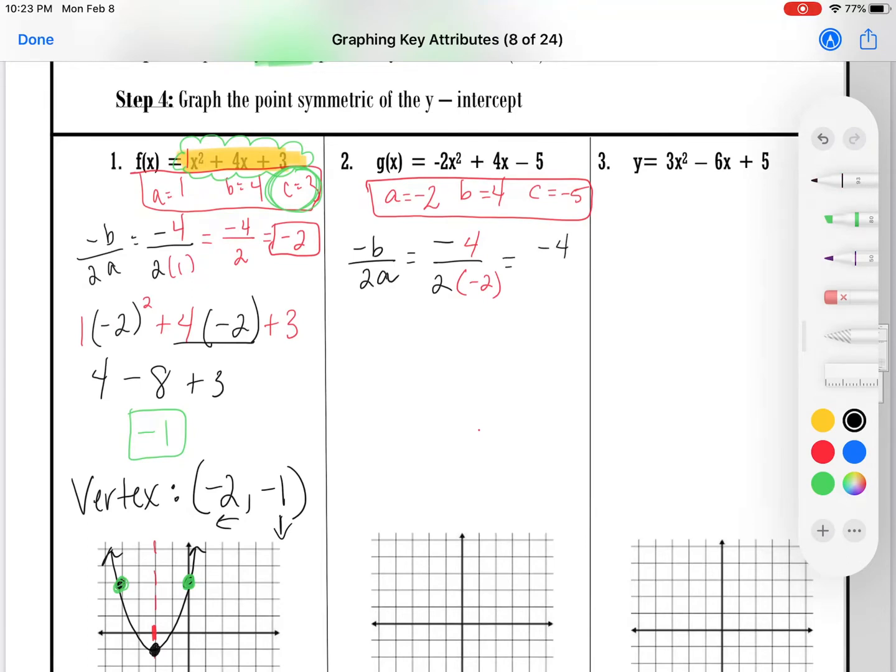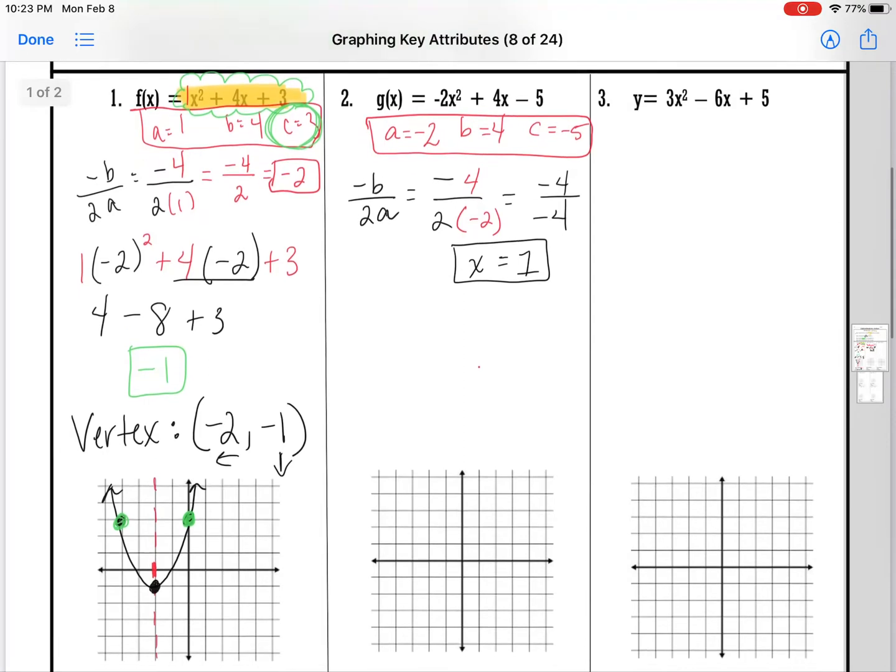So now we can solve this. Negative 4 over 2 times negative 2 is negative 4. Negative 4 divided by negative 4 is positive 1. So this gave me x equals 1, which is called my axis of symmetry.